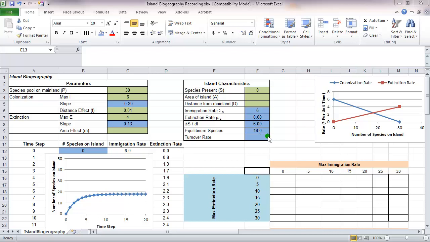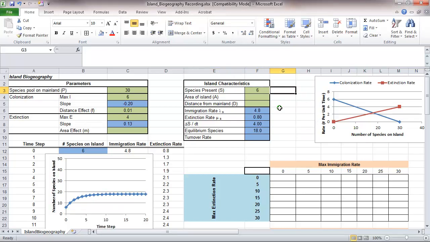So to recap where we've been, we have a mainland of 30 species, we have the maximum immigration rate of 6 and the maximum extinction rate of 4. And we've calculated the slopes for these lines as a result of those three inputs. And from those, we're able to calculate the immigration rate for an island that has a particular number of species.